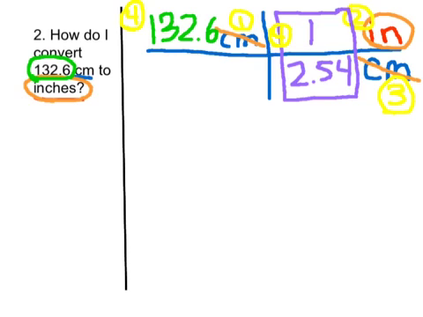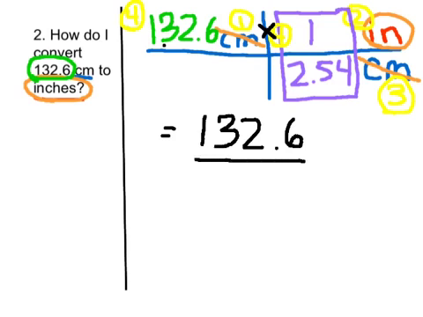Okay, so here we're going to multiply our numbers on top. 132.6 times 1, okay, equals 132.6. Okay, and on the bottom we just have the number 2.54. So again, it's like a big fraction, 132.6 divided by 2.54.